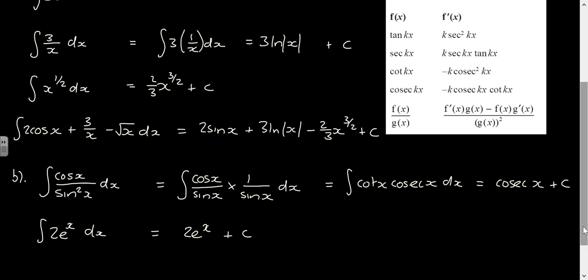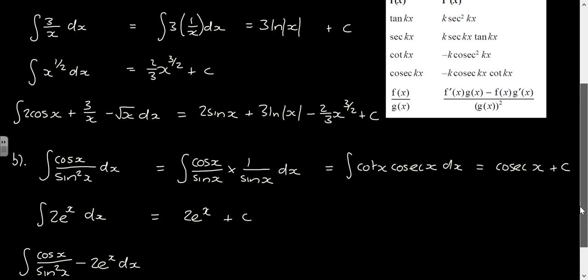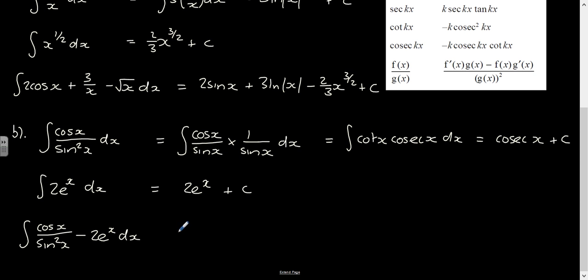So let's combine our answers together. We had the integral of cos x over sine squared x, and I think it was minus 2e to the x dx. Let's just double check. Yes, indeed. And that then just becomes cosec x minus 2e to the x.